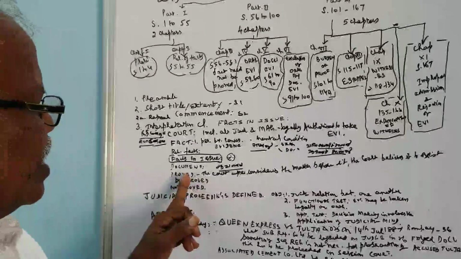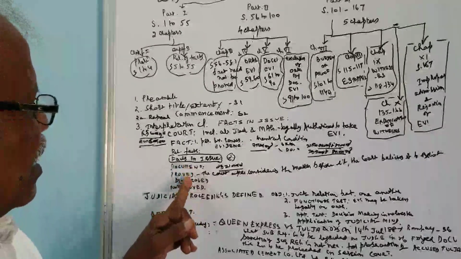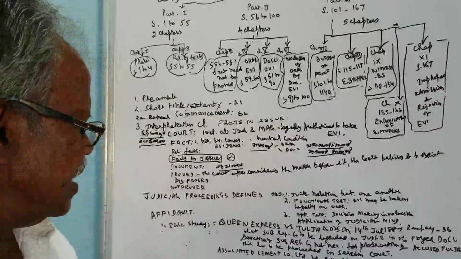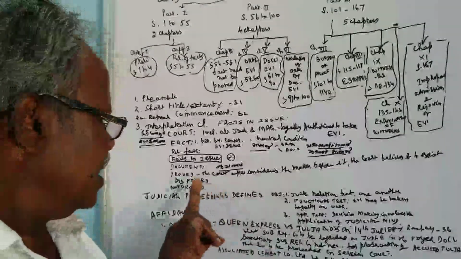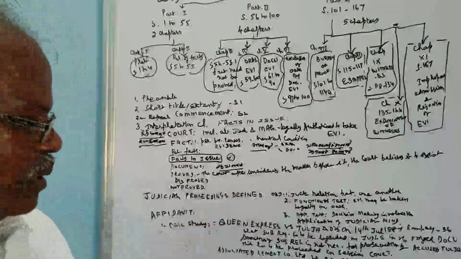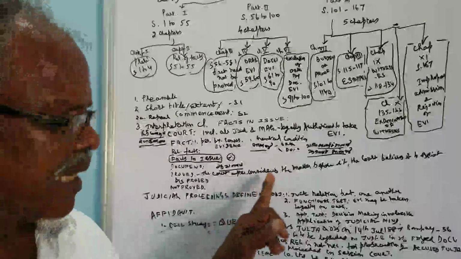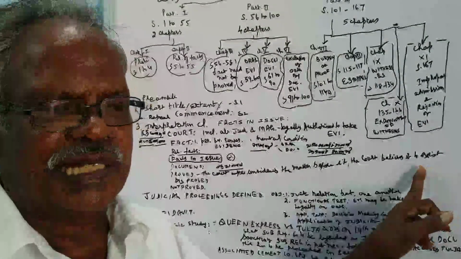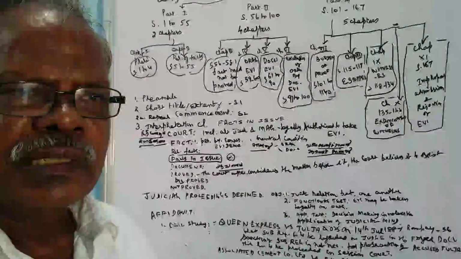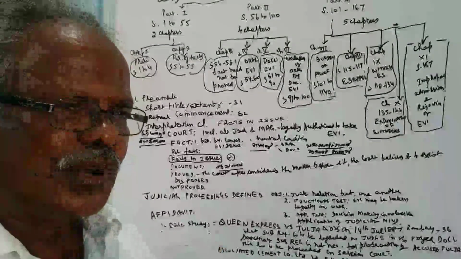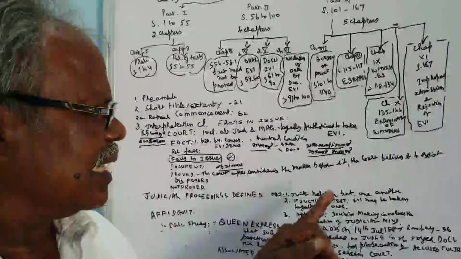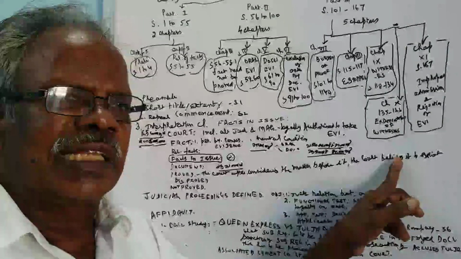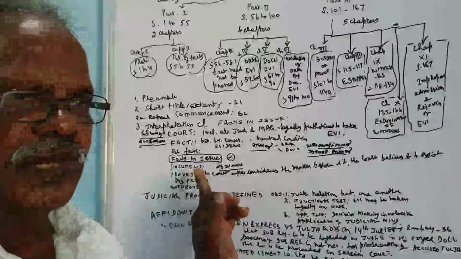And next we are going to talk about proved, disproved and not proved. What is meant by proved, and what is meant by disproved and not proved? Proved means the court, after considering the matter before it, believes it to exist, that is called proved. When a matter is before a court, it considers that it exists, or is in existence, that is called proved.